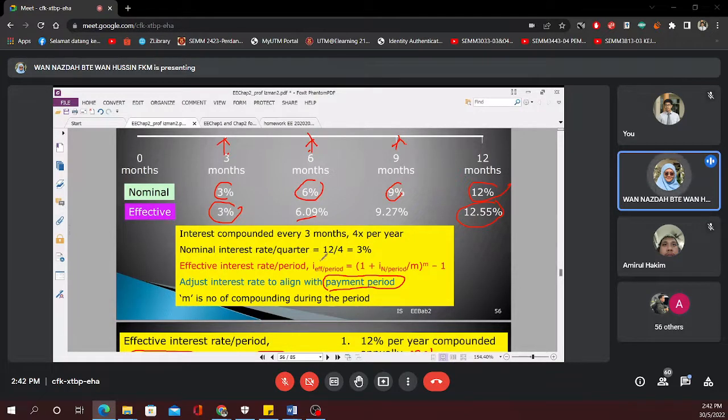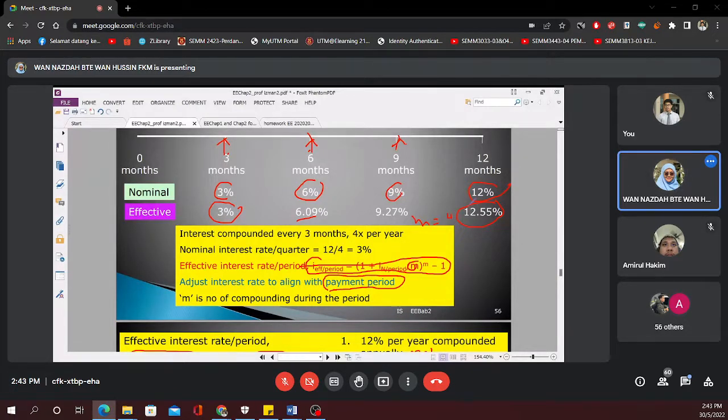So the formula is I effective over period equals 1 plus I nominal per period over M. So if the bank charges you quarterly, meaning that your M equals 4. Bila substitute, maka dapatlah I effective over the period of 1 year, 12.55%.